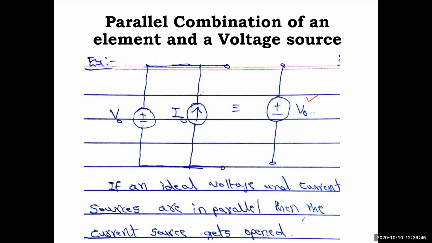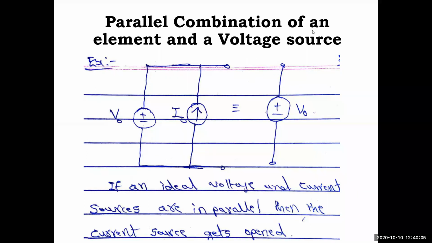Open means there is no element at all, so you will not have any element in parallel with it. If ideal voltage and current sources are in parallel, then the current source gets opened. We'll see open and short circuits in the next video. So this is about the property.